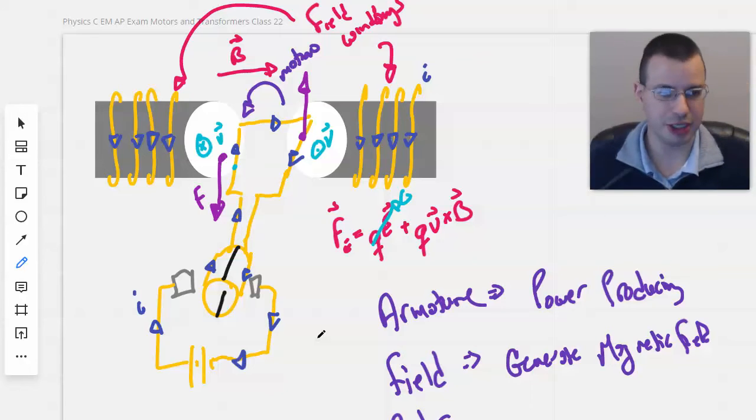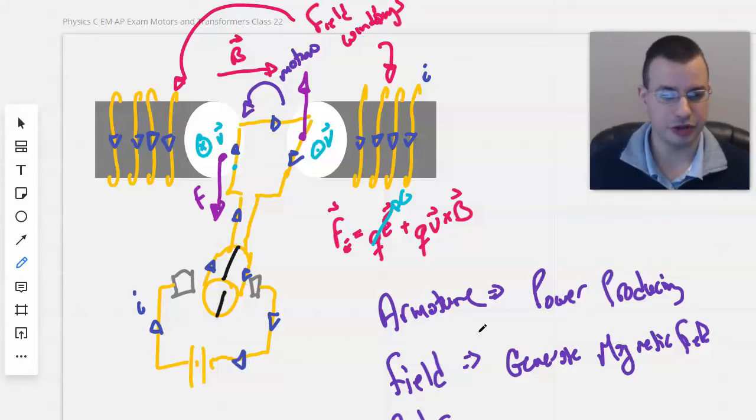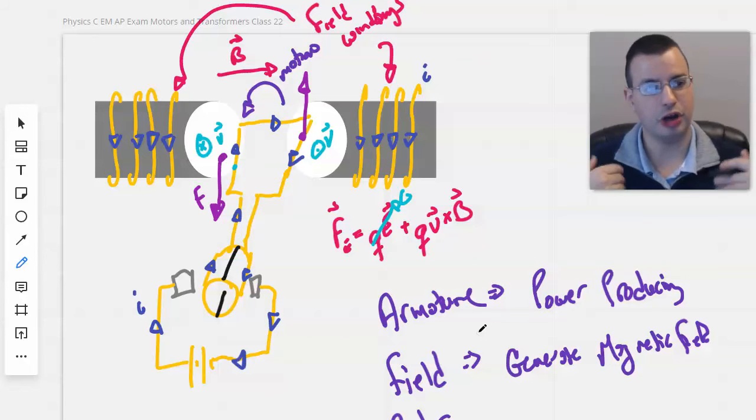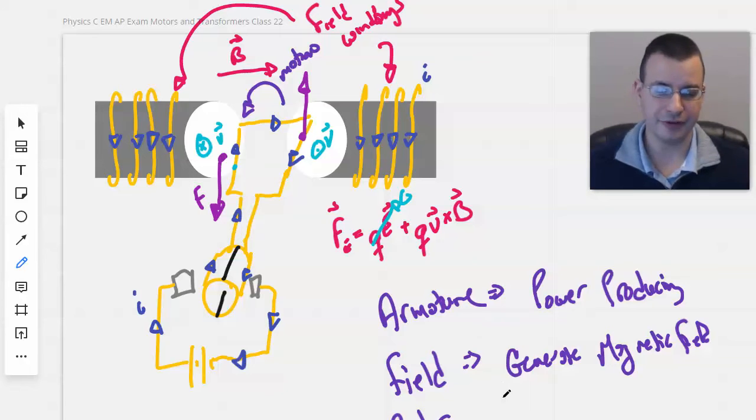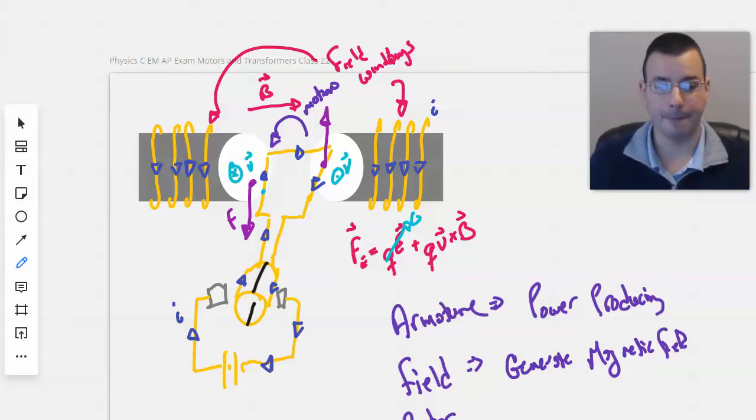Depending on the design of the motor, they'll sometimes switch from one side to the other. The field windings, though, will generally have a smaller magnetic field than the armature. If you're trying to create power, the vast majority of the electricity will go through the armature windings, and the field windings will be there just to create a relatively small electromagnet.